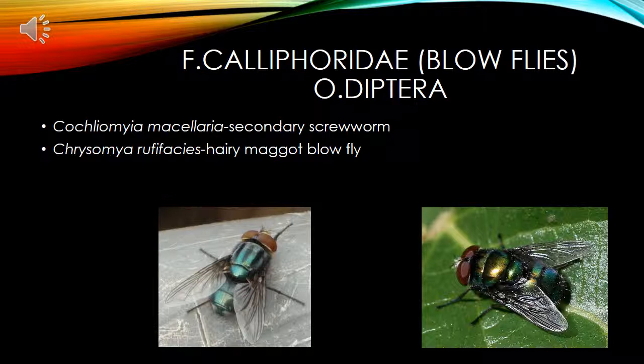Chrysomya rufifacies, often known as the hairy maggot blowfly, is another example of a blowfly attracted to these corpses. It is metallic green in color with a distinctive blue hue under bright sunlight. Its posterior margin of the abdominal tergites are a distinctive blue color.